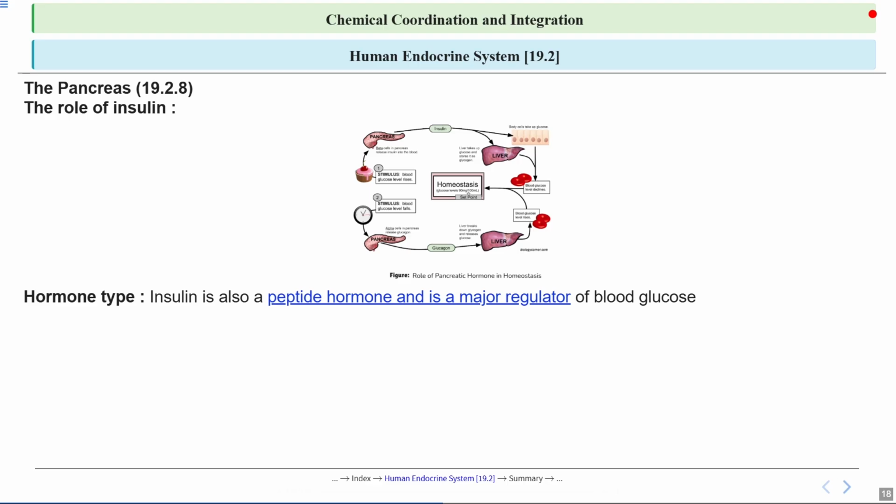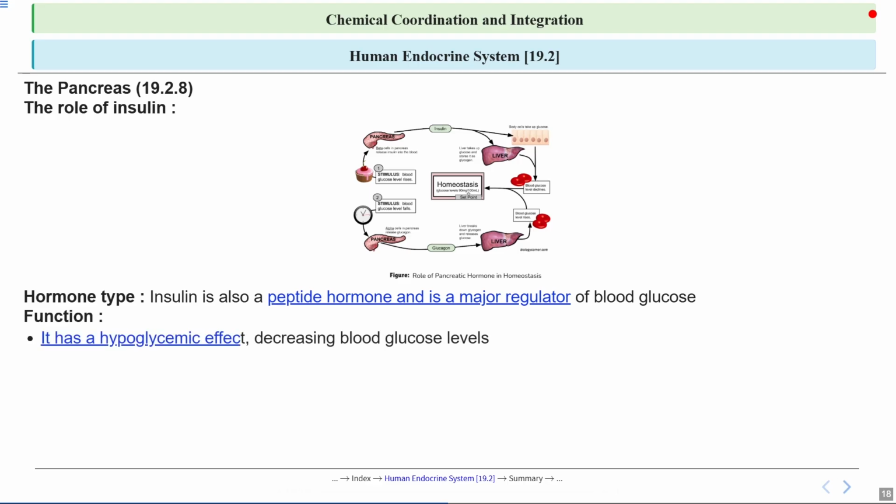Insulin also promotes the storage of excess glucose as glycogen in the liver and in muscles, and it inhibits the breakdown of stored glycogen into glucose. Okay, so this makes insulin a major regulator of blood glucose, ensuring that the body maintains a stable supply of energy while preventing high blood sugar levels.